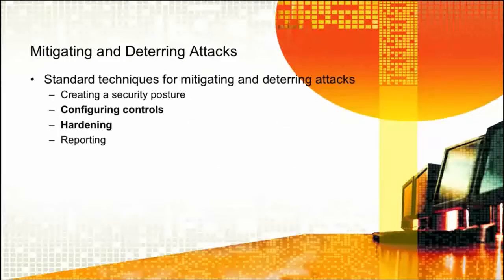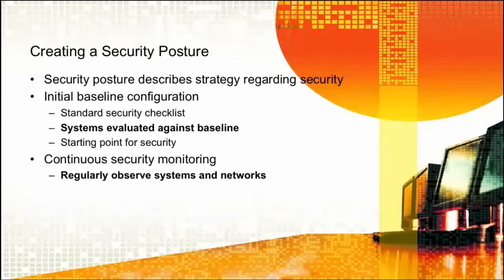Next, we'll talk about mitigating and deterring attack. Some standard techniques for mitigating and deterring attacks are creating an overall security posture by configuring controls and hardening systems, as well as different reporting methods. The security posture describes the strategy regarding the security.